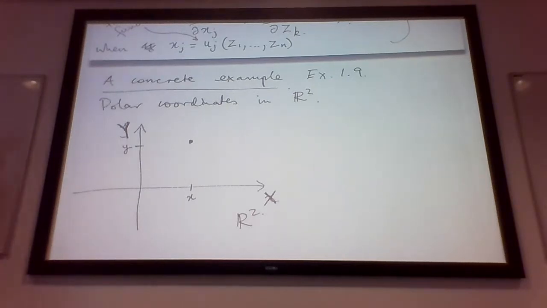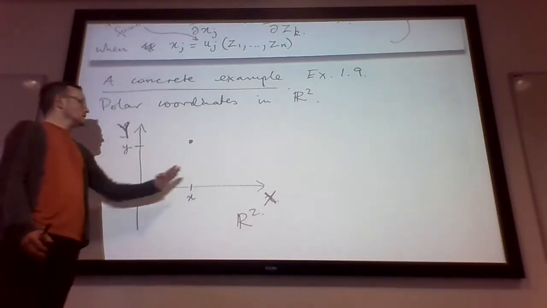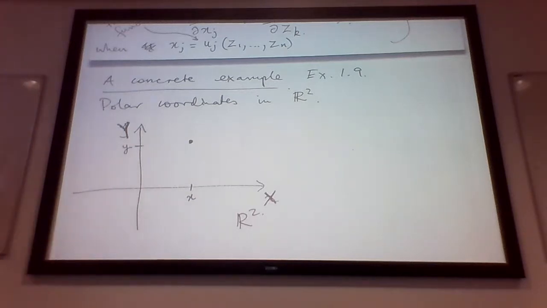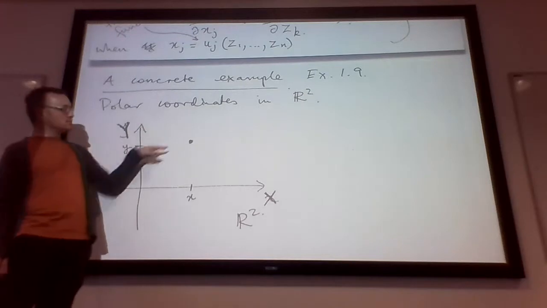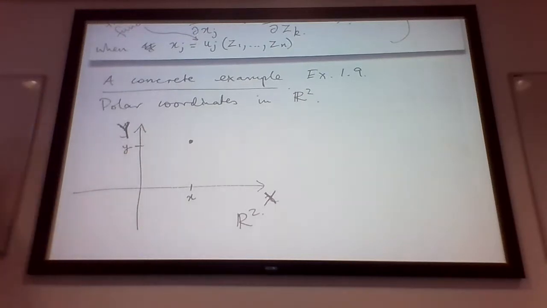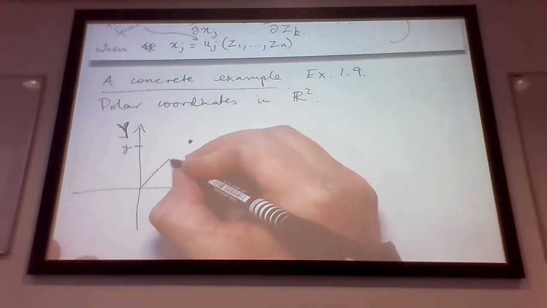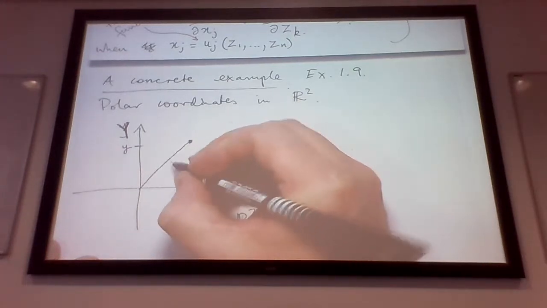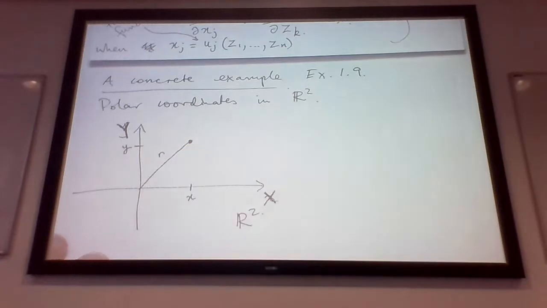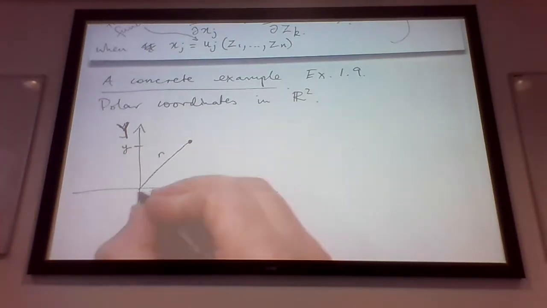Well, that's a very blocky, Cartesian, Minecrafty way of locating the position of something in the plane. We can do this in other ways as well. One very natural way to think about the position of something is to give its distance from a fixed point.